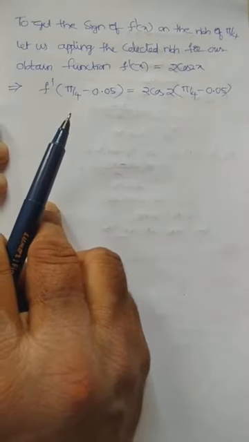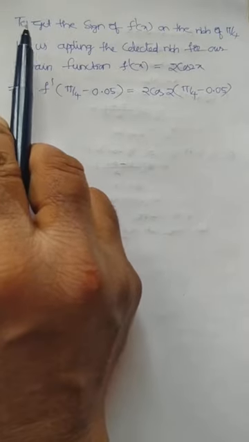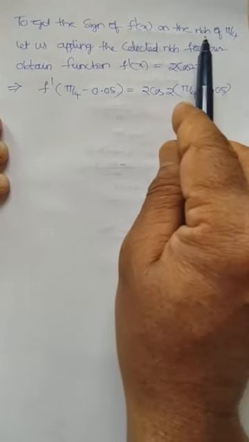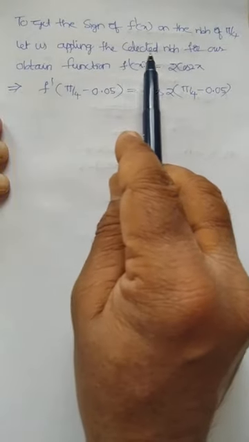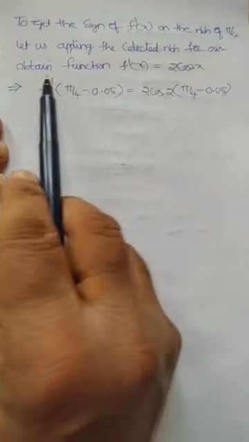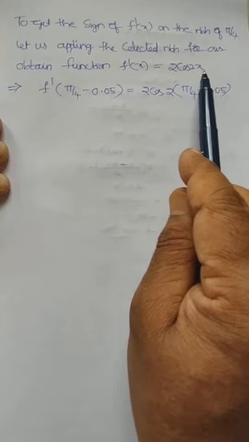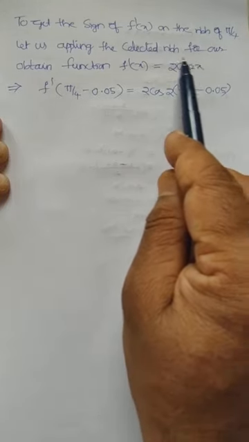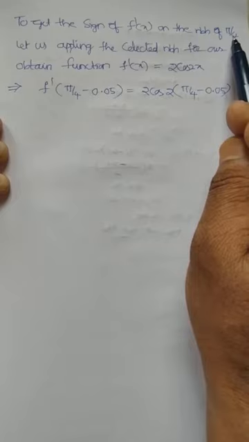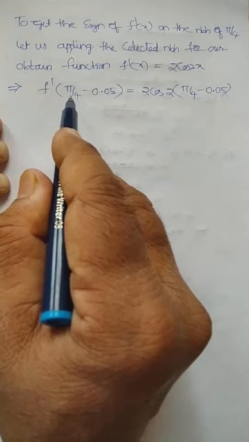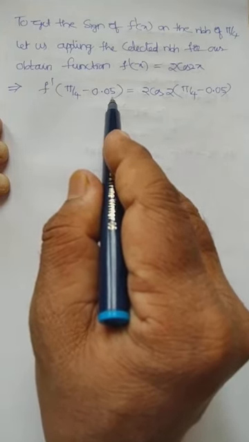Now we have the neighborhood for x equal to pi by 4. To get the sign of f dash of x on the neighborhood of pi by 4, let us apply the selected neighborhood to our obtained function, f dash of x is equal to 2 into cos 2x. So we have to check the behavior of the function in the neighborhood of x equal to pi by 4. First I am taking f dash of pi by 4 minus 0.05.